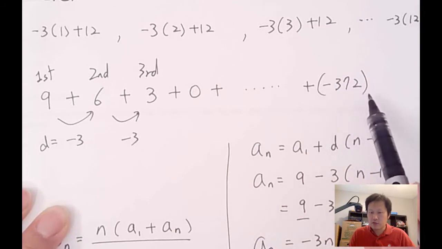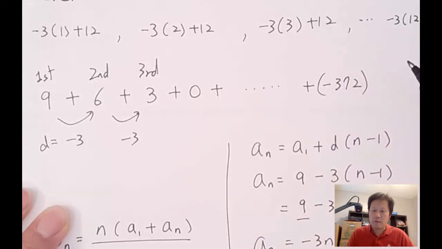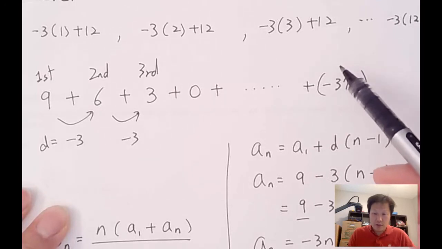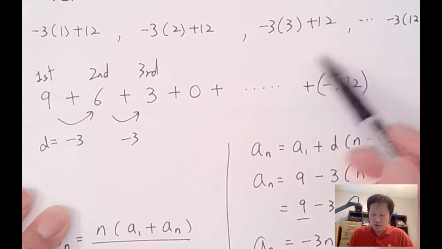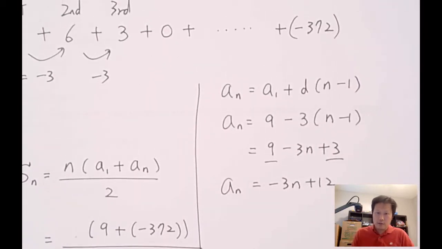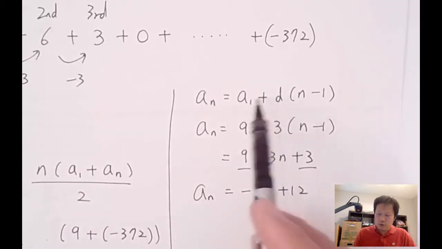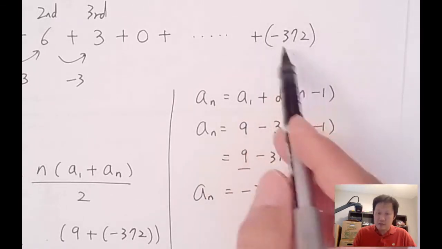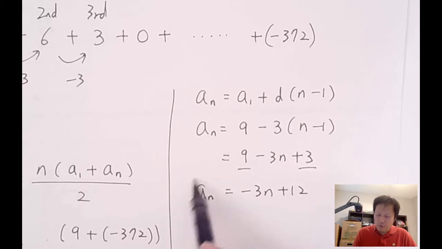What's the value of n? Is that the 27th term or the 50th term? How do you find that? Well, that's why we found the rule for the nth term here. So minus 372 is the nth term. Plug that in for the value of a sub n. Minus 372 is equal to minus 3n plus 12. And you are solving for n here.